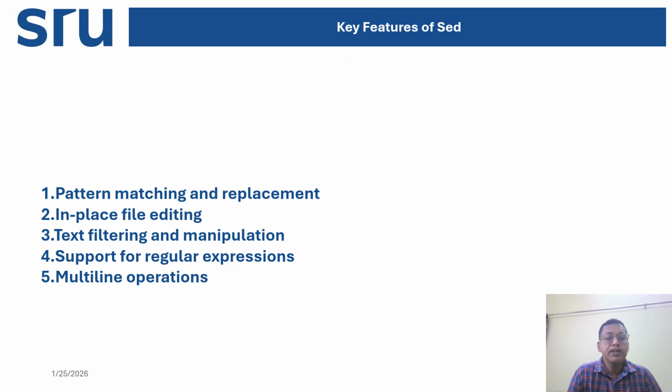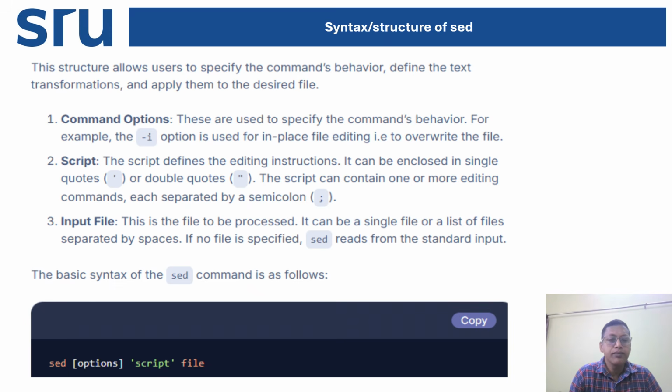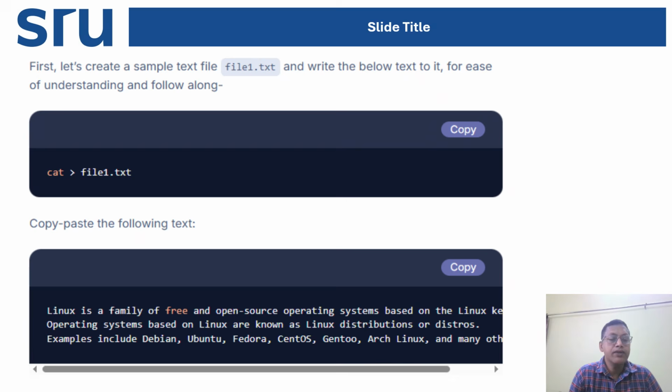The features are pattern matching and replacement, in-place file editing, text filtering and manipulation, support for regular expressions, and multi-line operations. This is the syntax: sed, options, script, and file. First of all, you need to create a file, like a test file, because we would like to apply some commands on the test file.